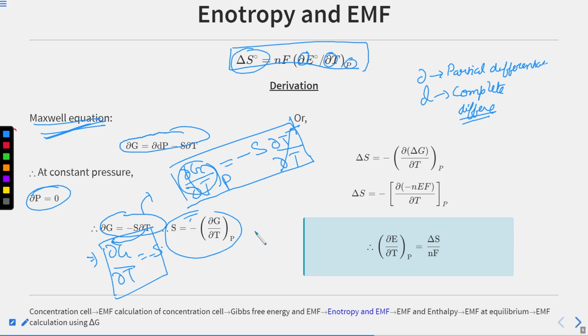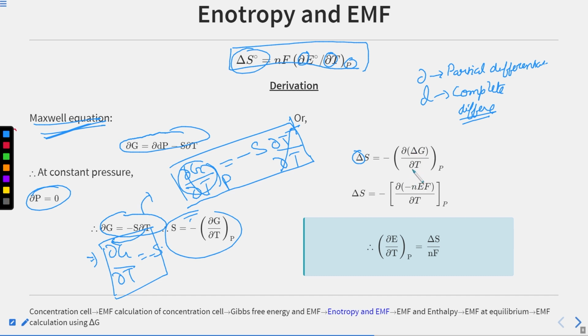So here also we will take the change. The change is very simple. It is delta. So delta S is equals to minus the partial differentiation of delta G with respect to temperature at constant pressure. So basically we have taken a delta S, so it will result in delta G only.